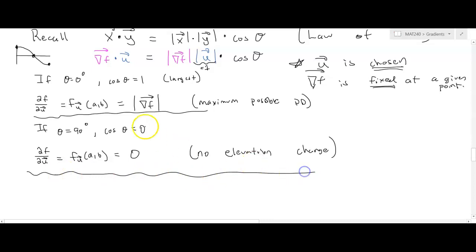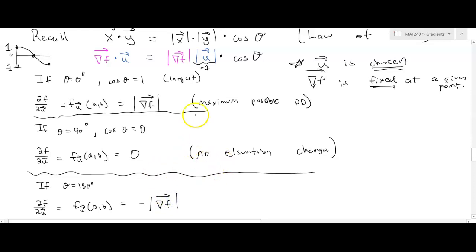Now, one final consideration is if theta is equal to 180 degrees. Well, that means that at 180 degrees, cosine of theta is equal to -1. And so what that will do is we'll have the magnitude of the gradient vector multiplied by 1 multiplied by -1. And so that means our directional derivative, which is f sub u at the point a comma b, will be the negative of the magnitude of the gradient vector.